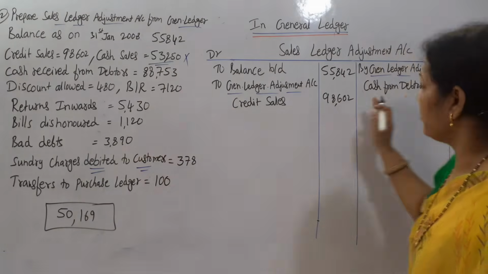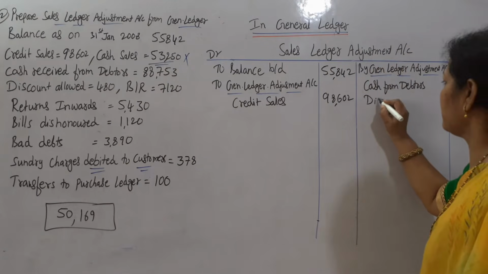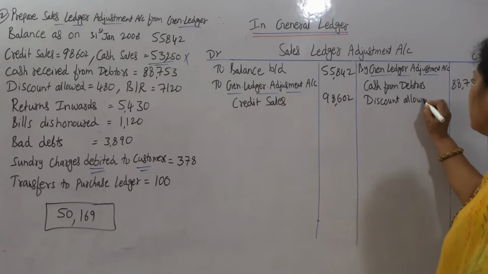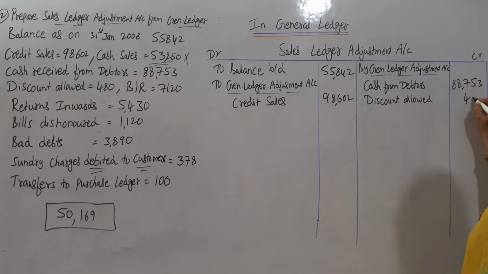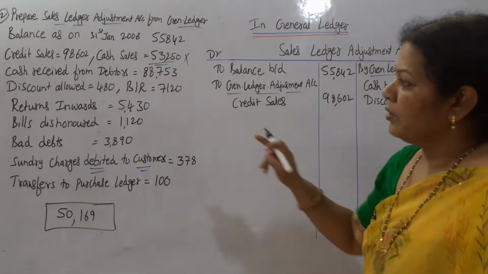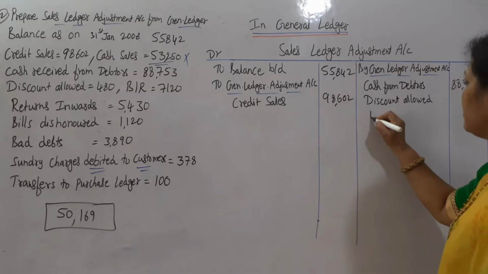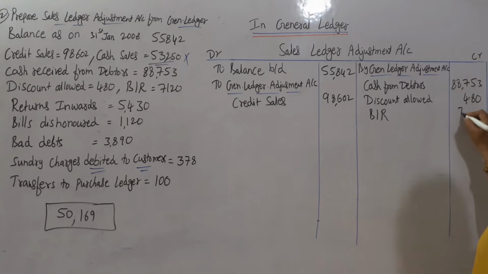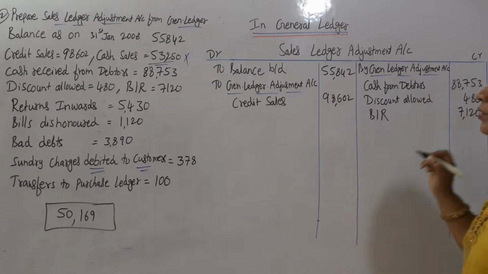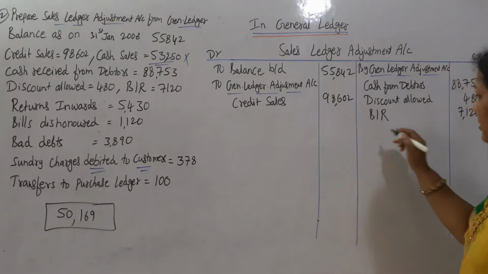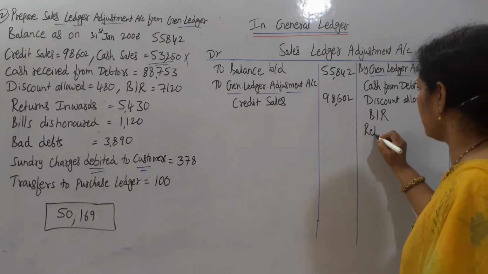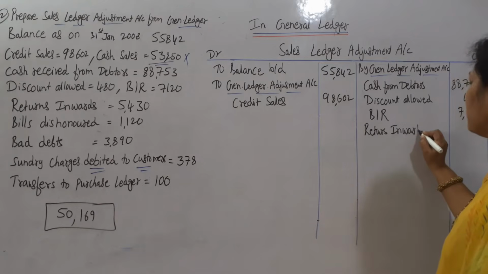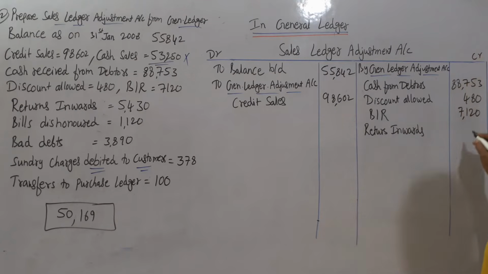Then discount allowed 480. Bills receivable, bills receivable received 7,120. Next, return inwards, credit side only. Returns inwards 5,430.